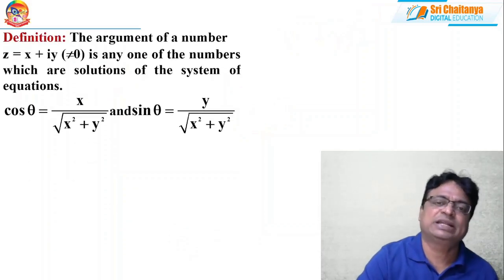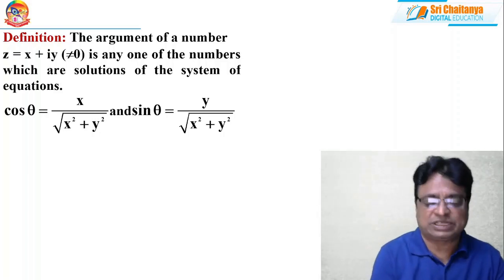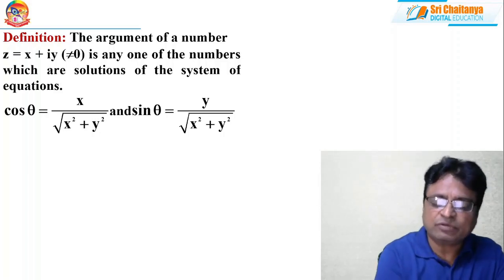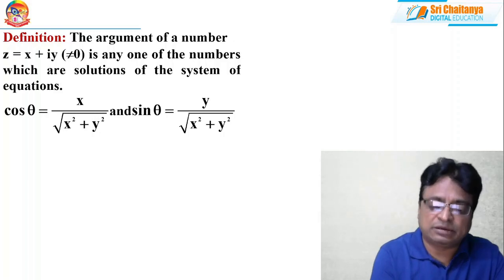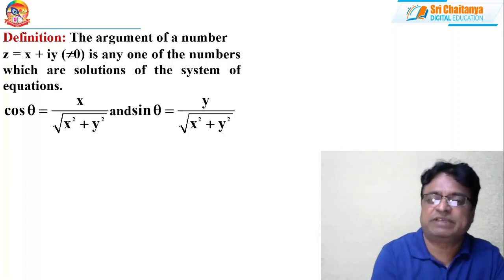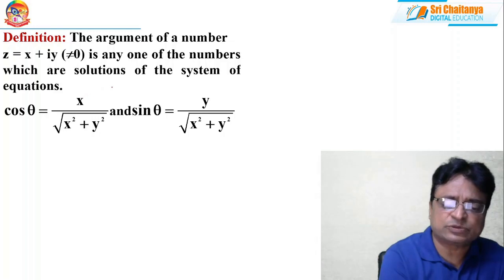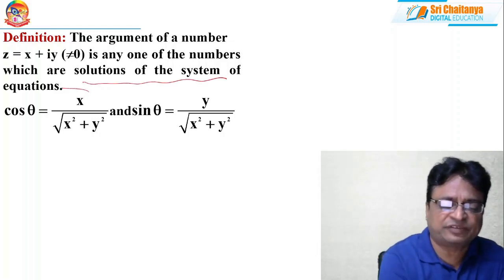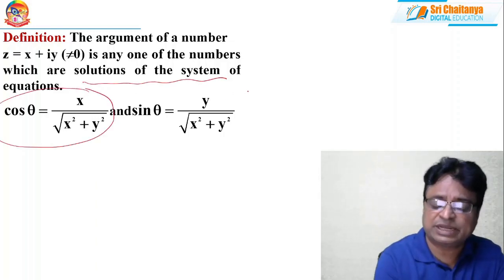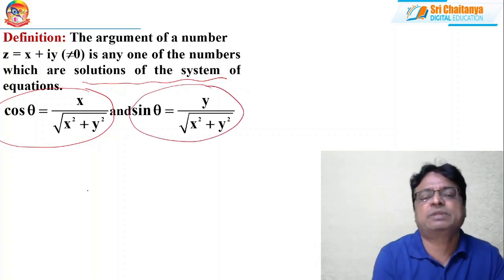So what is the original definition of argument? Here I am stating it like this. The argument of the complex number z equal to x plus iy, which is a non-zero complex number, that is, both x and y are not equal to 0 simultaneously, is nothing but the solution of the system of equations: cos theta is equal to x by root of x square plus y square, sin theta is equal to y by root of x square plus y square.